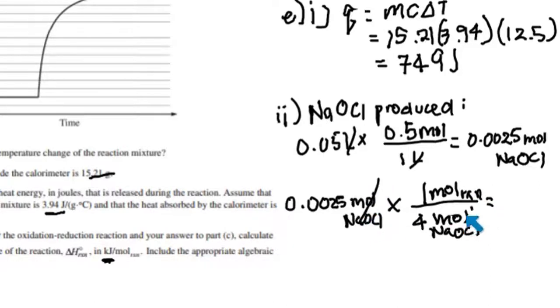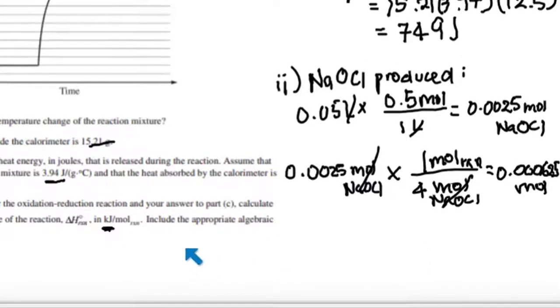So those cancel out and you're left with your mole reaction, and that gives you 0.000625 moles.